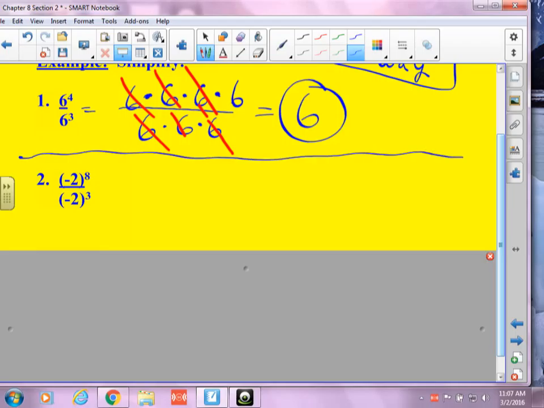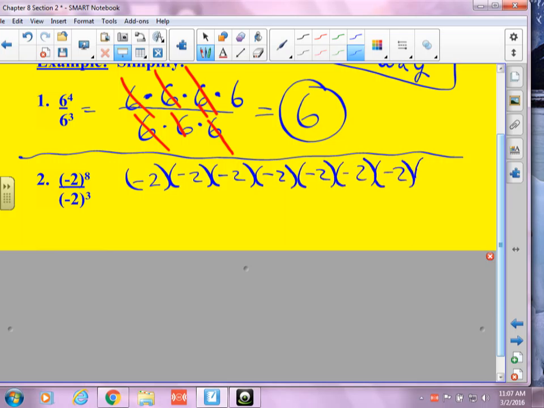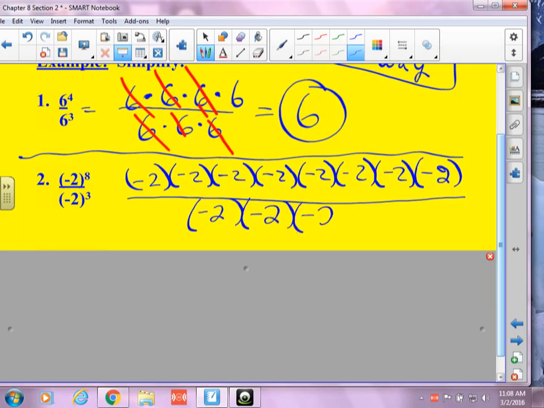How many negative 2's are in the numerator? 8. Good job. And 3 in the denominator. I used to like to always write them out because then I got to cancel them out.